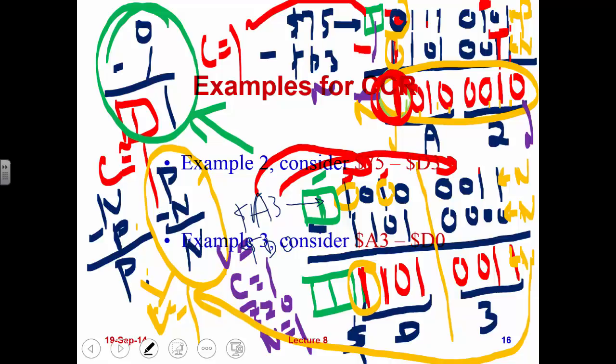The other is when you subtract a negative number from a positive number and get a negative number. That's not the case here. All numbers in our problem are negative. So everything's good. We have no overflow error. So when we have no overflow error, the flag bit V is equal to 0.